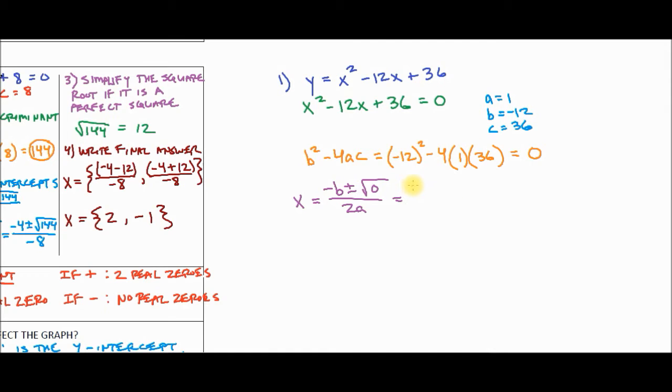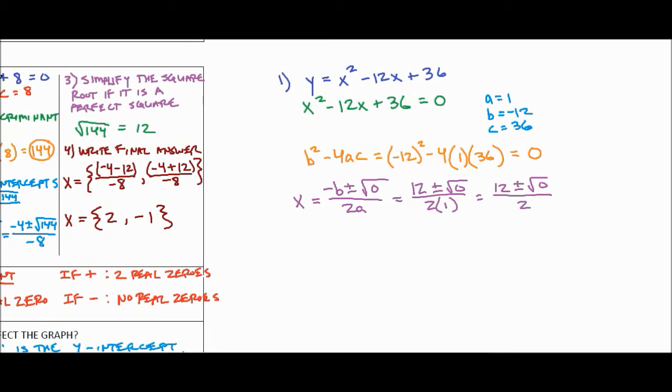That means in our quadratic formula it's going to change to positive 12 plus or minus the square root of 0 over 2 times a, which is 1. And so our final solution is going to be 12 plus or minus the square root of 0, and 2 times 1 is 2. So there are our x-intercepts.